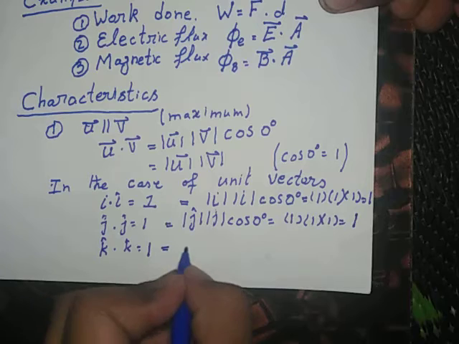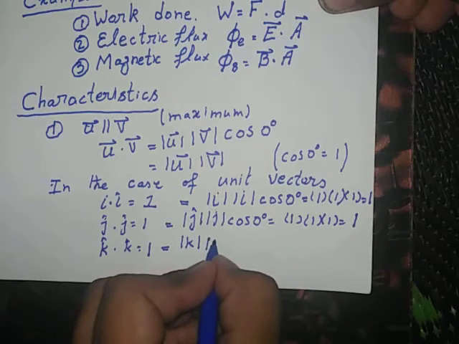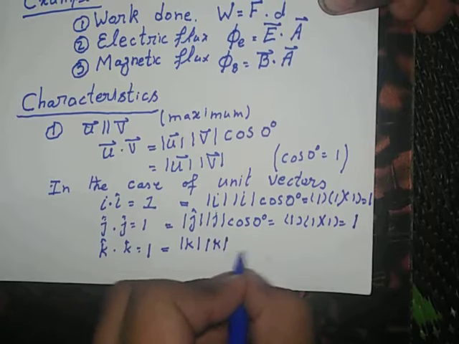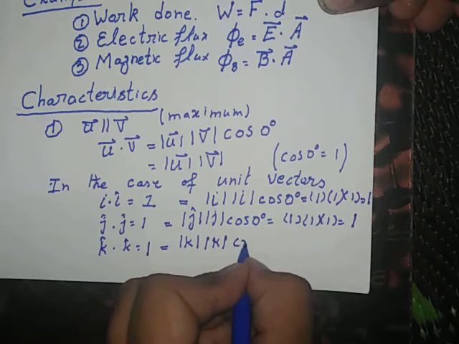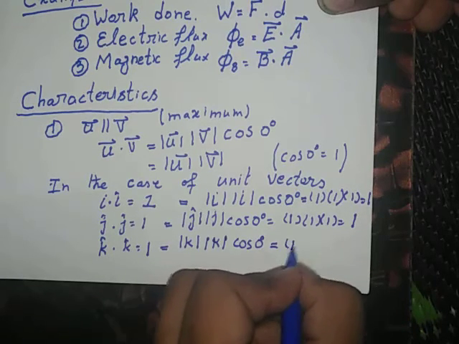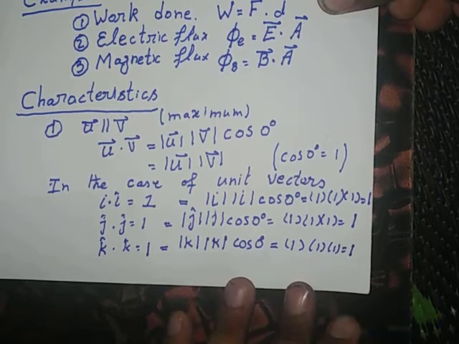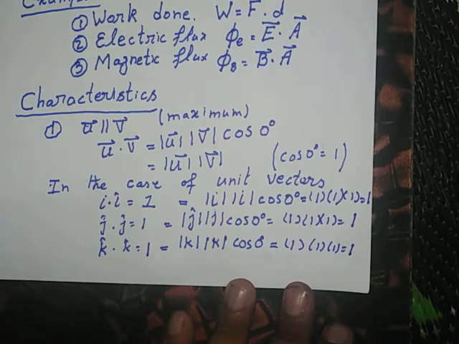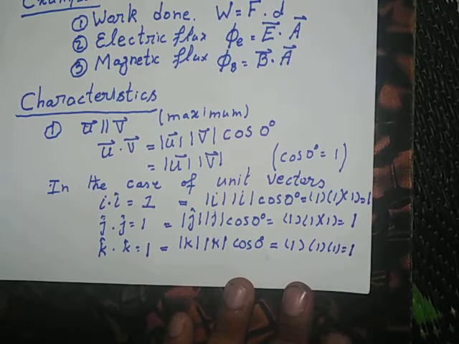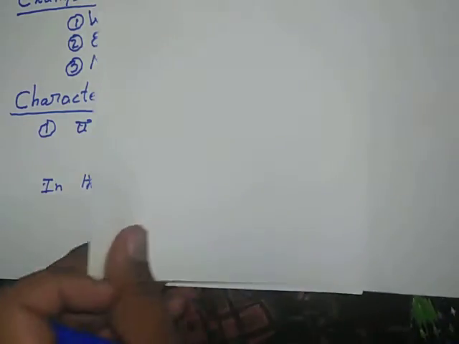Next, for the k unit vector: magnitude of k times magnitude of k times cos 0 degree, so it is also equal to 1. This is our first characteristic of the dot product.